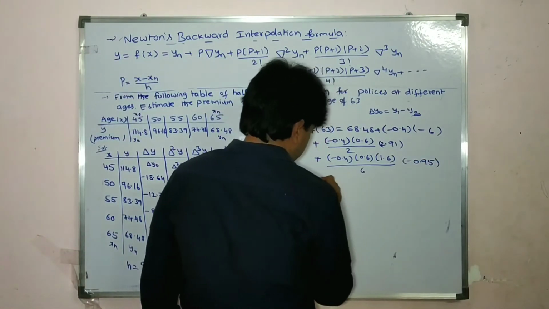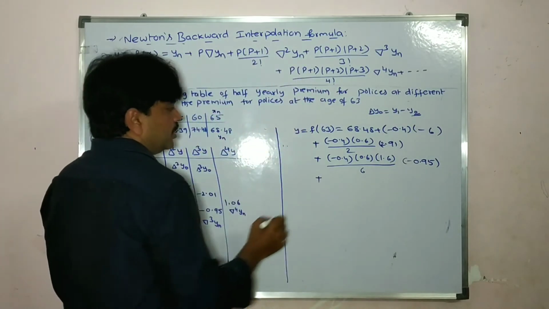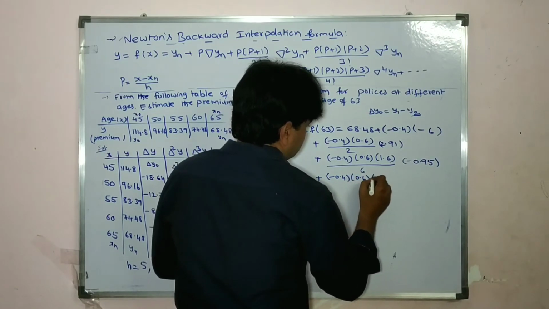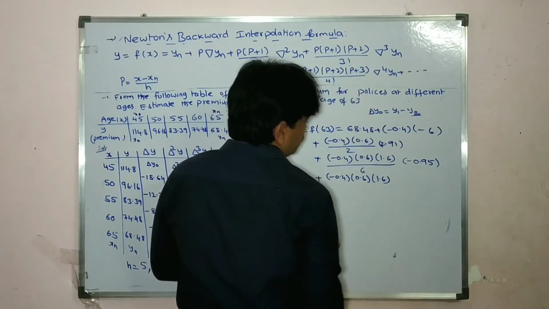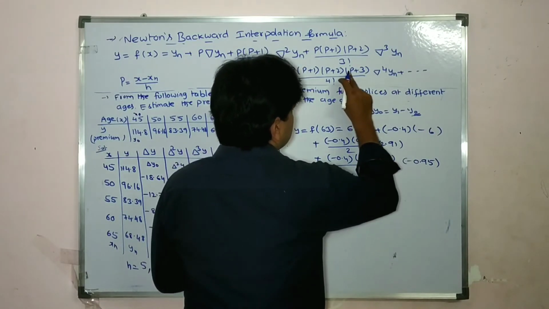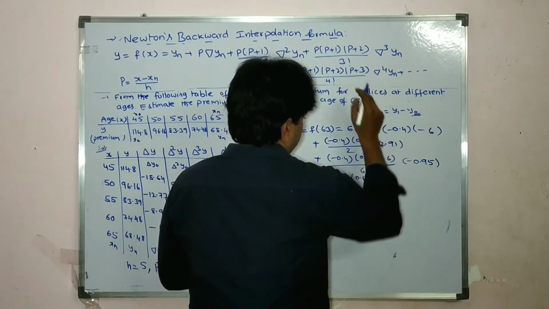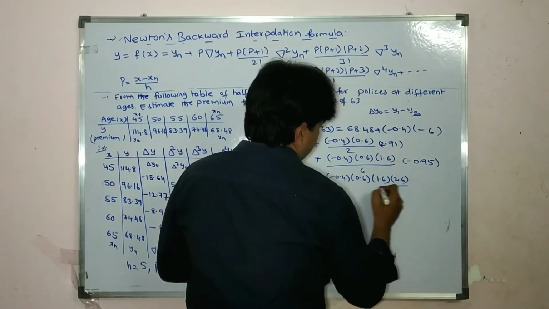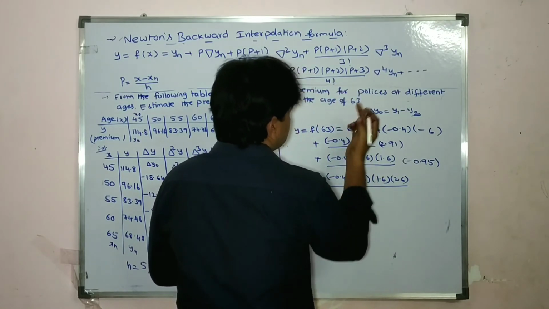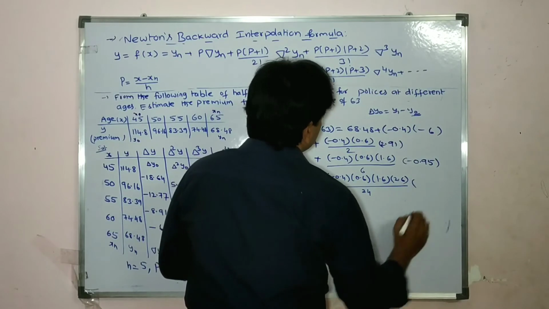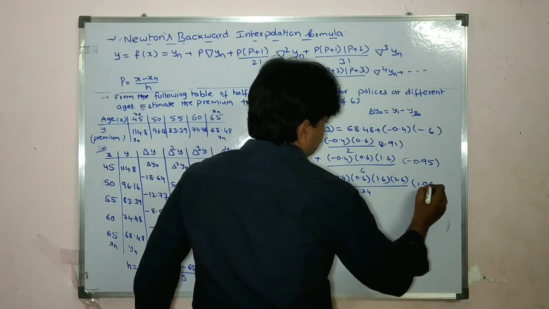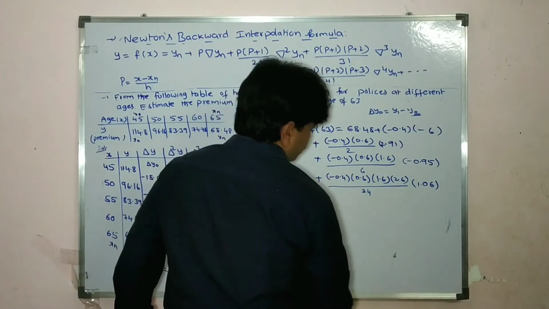Plus, up to the third term count, minus 0.4, 0.6, 1.6, and p plus 3, which is minus 0.4 plus 3, gives 2.6, divided by 4 factorial, which is 6 into 4, 24, into del power 4 yn, which is 1.06.